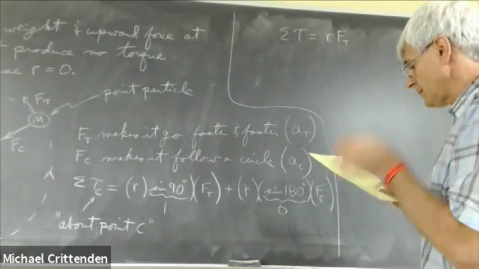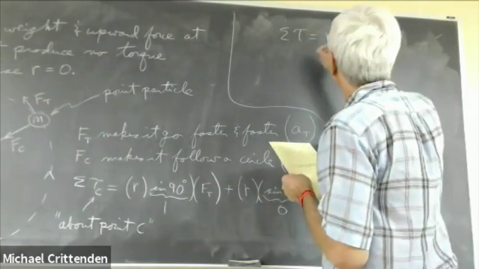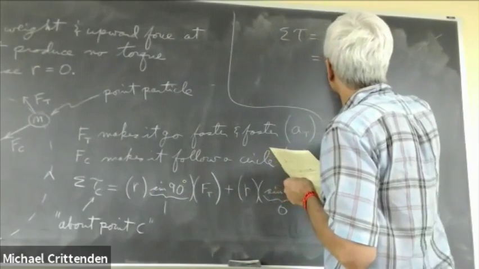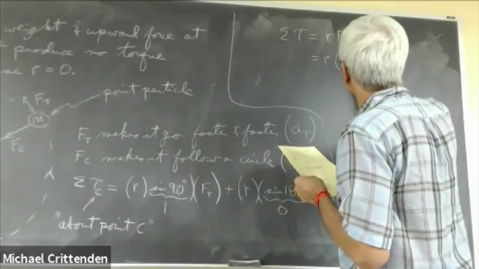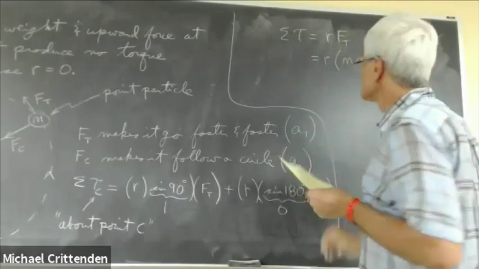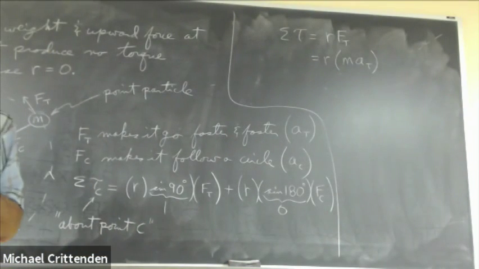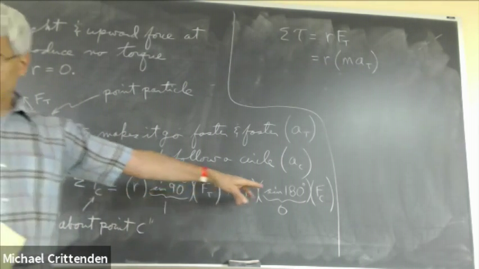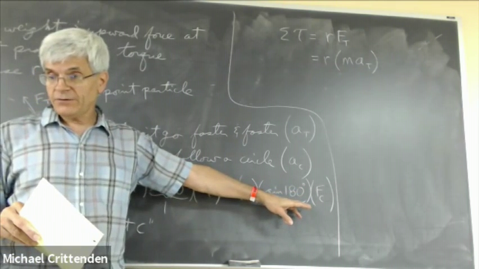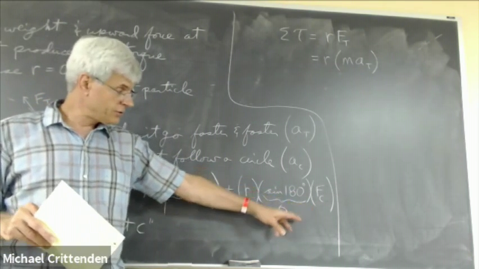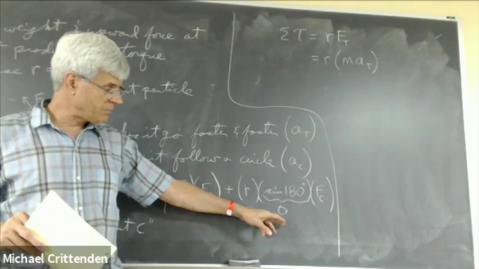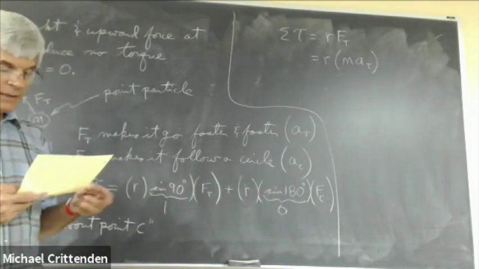It produces no torque. The tangential force would equal the mass times the tangential acceleration, Newton's second law. In the other term, the centripetal force would equal the mass times the centripetal acceleration, but I'm not going to write that down because it just gets multiplied by 0 anyway.